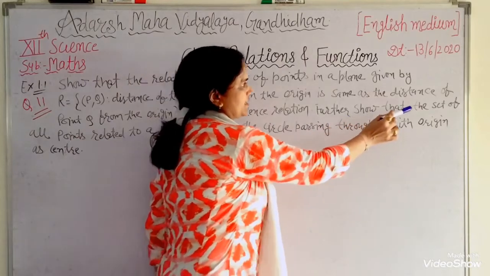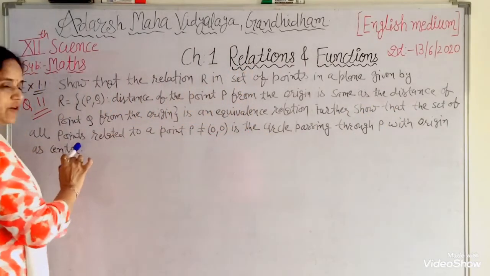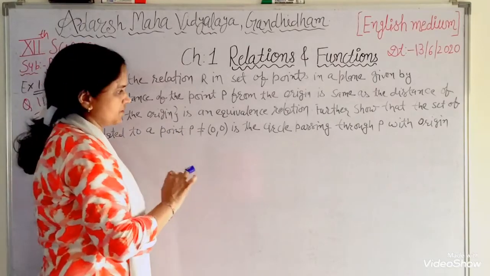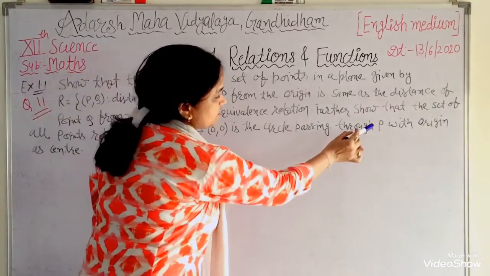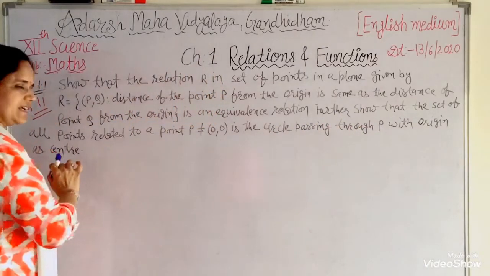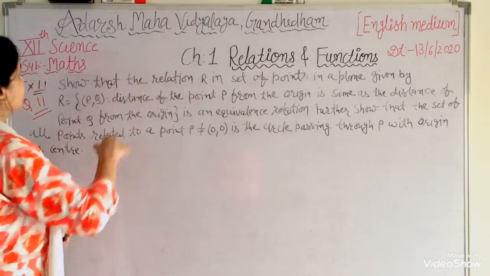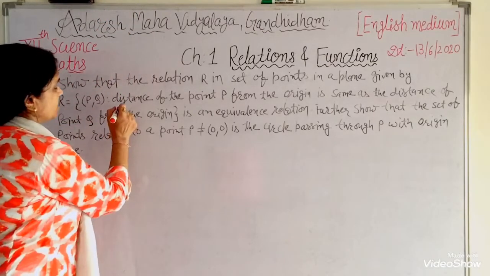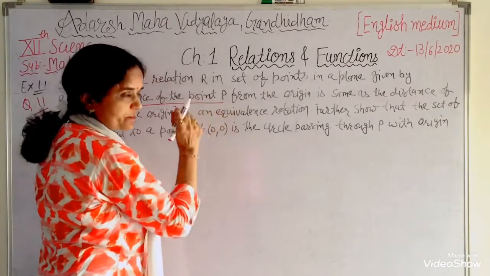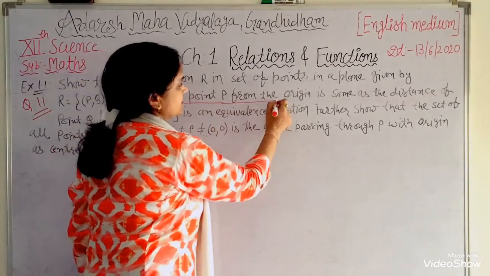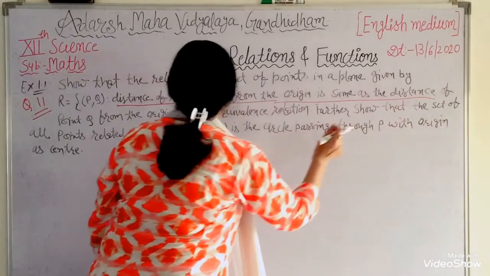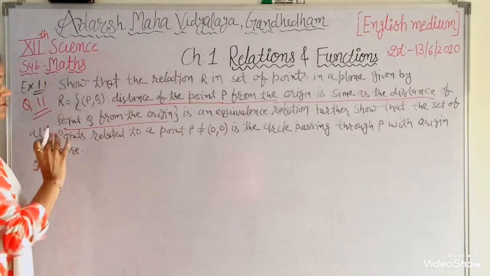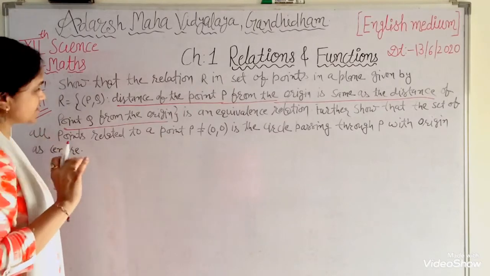Further, show that the set of all points related to a point P not equal to (0, 0) is a circle passing through P with the origin as center. Okay, student, in the question the most important thing given is that the distance of point P from the origin is the same as the distance of point Q from the origin. We have to show that R is an equivalence relation, student.